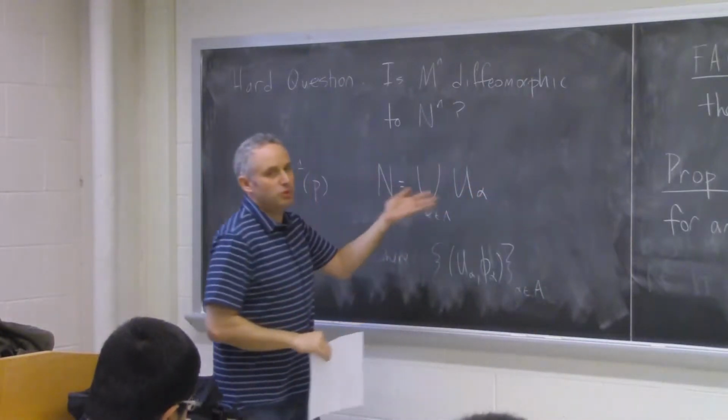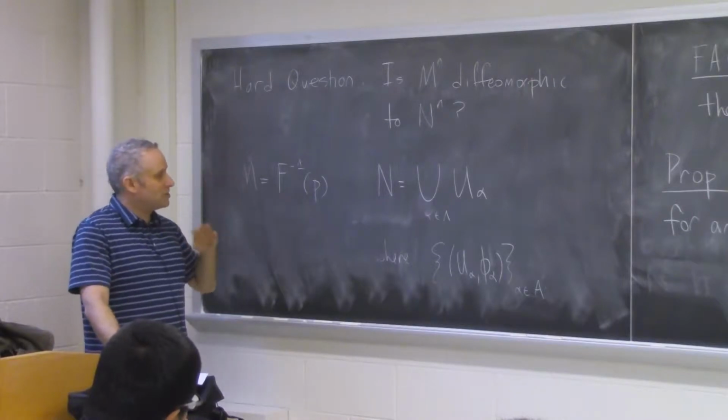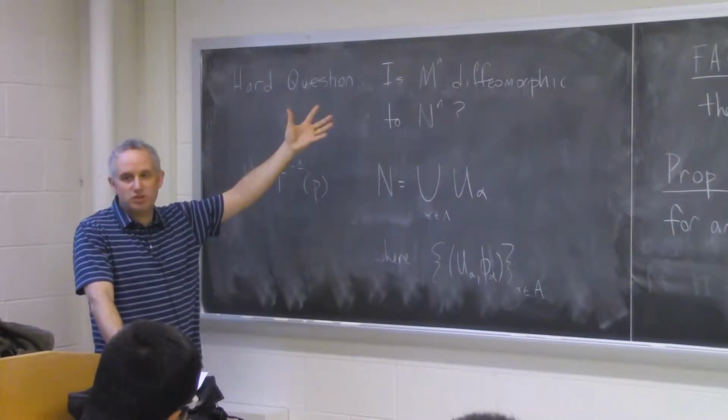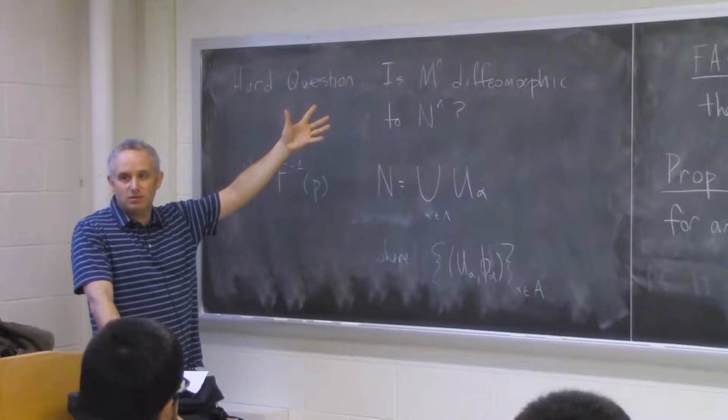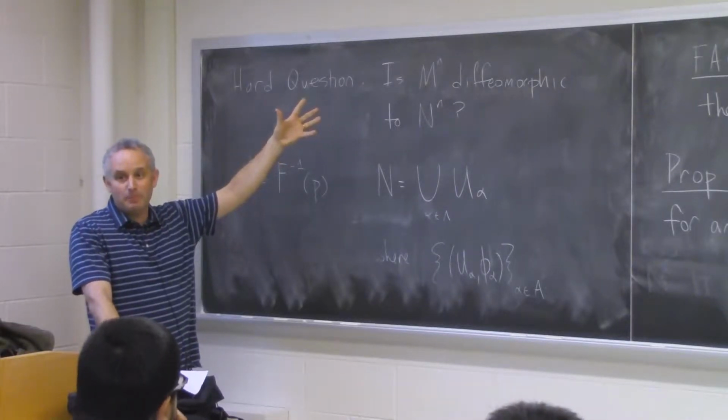So we know that these are two ways that manifolds can be given to us. So let's say M is given this way and N is given this way. How do you approach this question? What's your first step? It's not obvious, right?